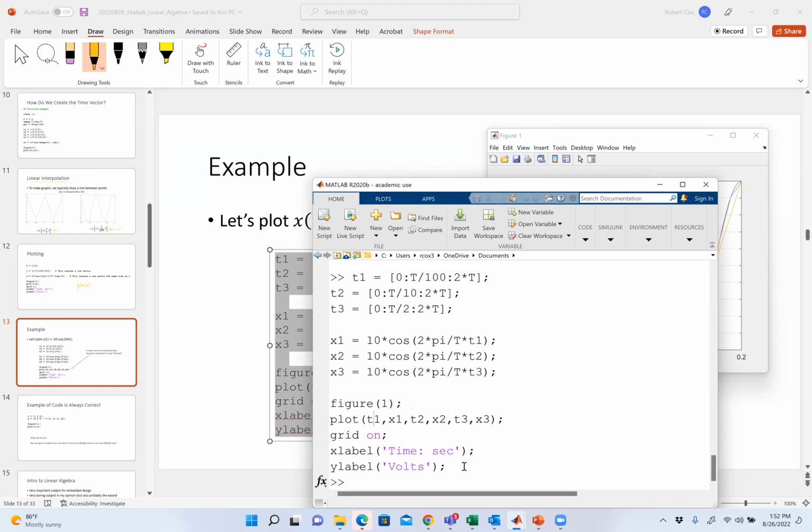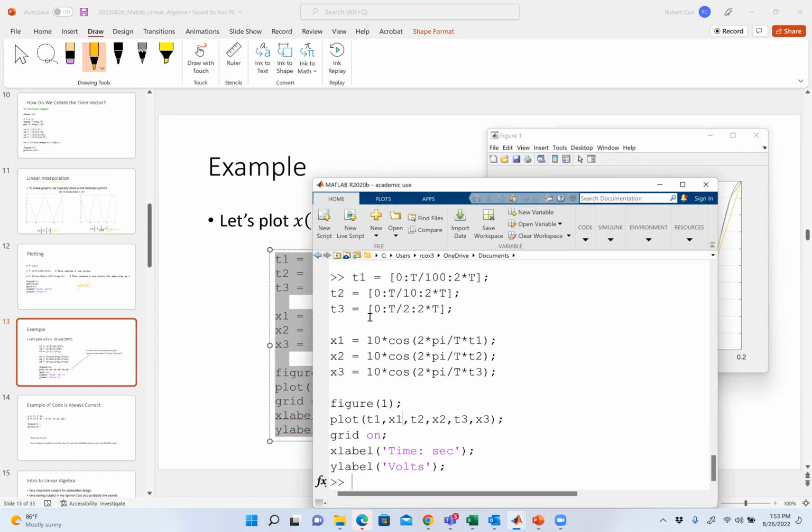The stuff that I tell you to do, like in the homework right now, is things like turn on the grid, look at Y label, look at X label, and I point you to the sections in the book that talk about that. If you wanted to change the colors, you can add arguments here that tell it. I don't even remember. I think I put the color name right after the first pair if I wanted to change that, but I'd have to look that up before I did it too.